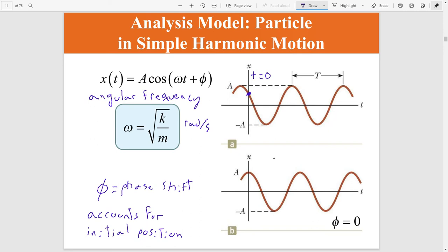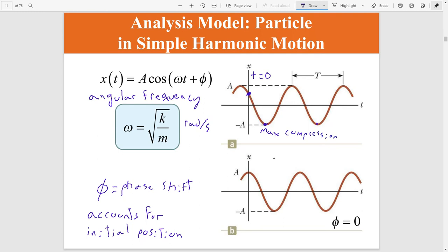It's still in a state of being stretched because its displacement is positive, but it's not at its full amplitude. And at this point in time, if we press play, the spring block system moves towards compression and ends up sometime later being compressed over here, back to an amplitude of -A.